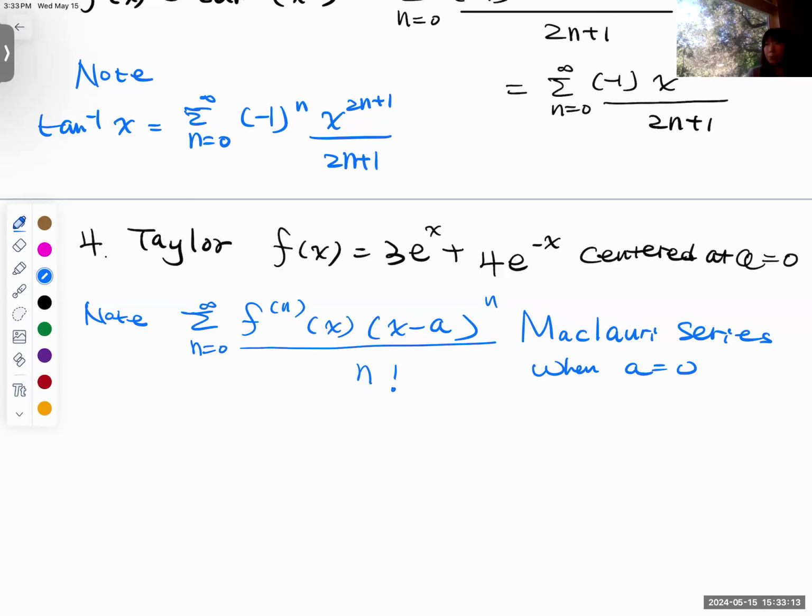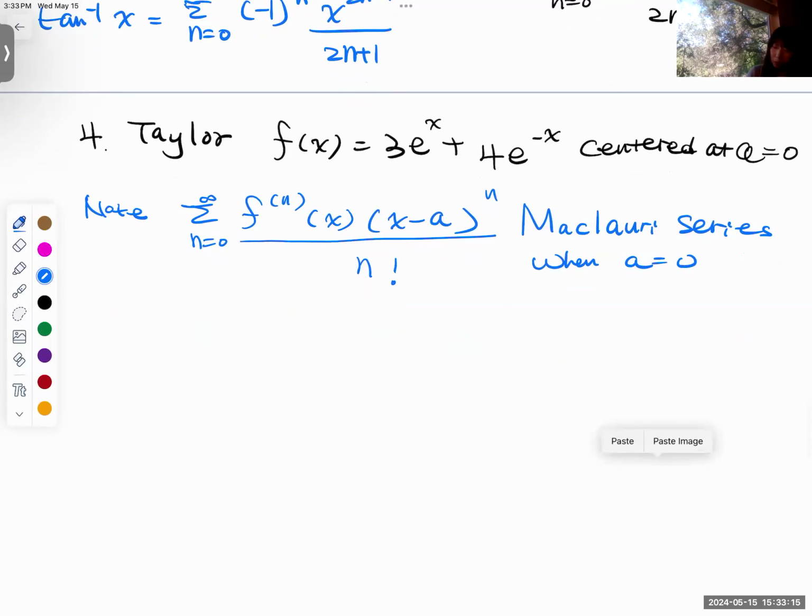Okay, so let's use f of 0. So 3e to the 0 power plus 4e to the negative 0 power, what do you get? Please calculate. It's 7.